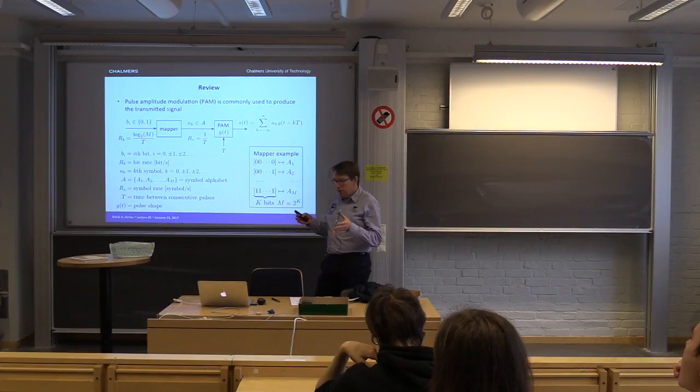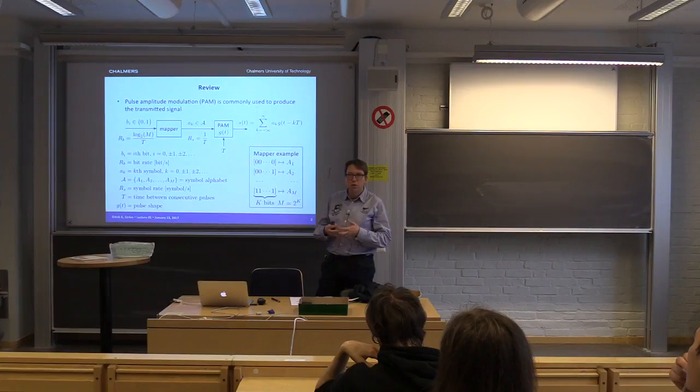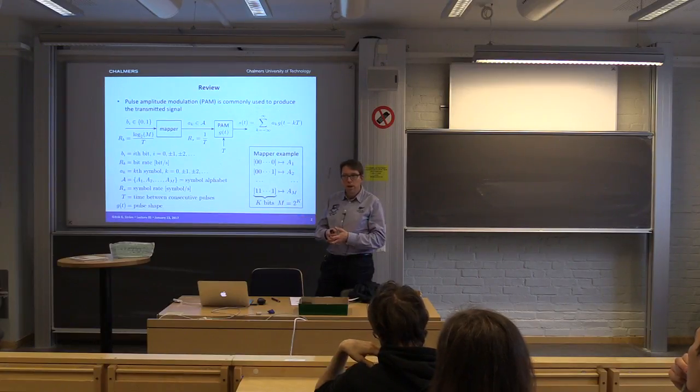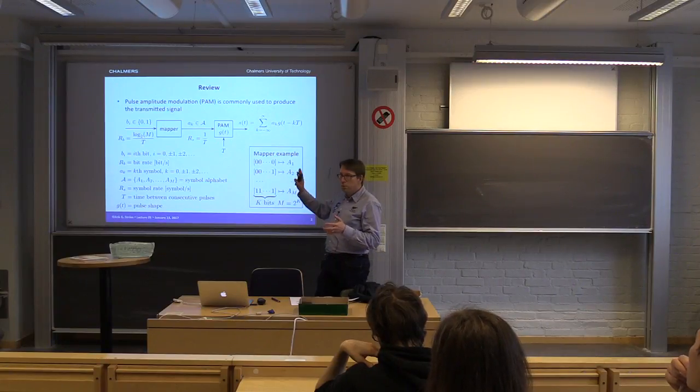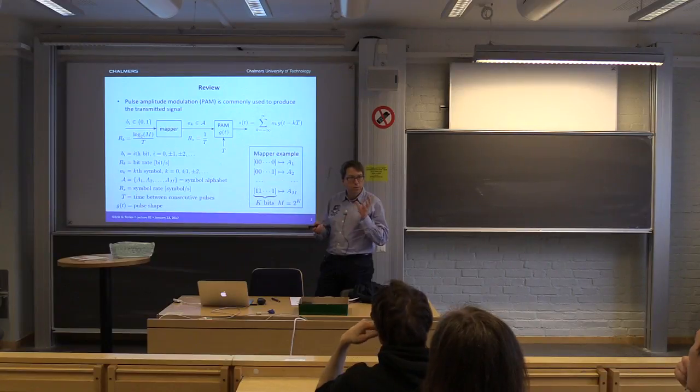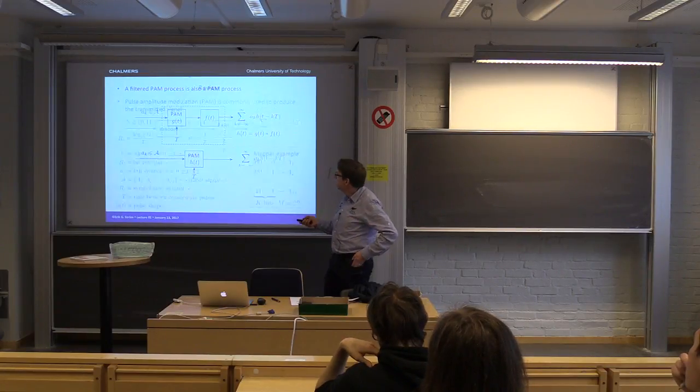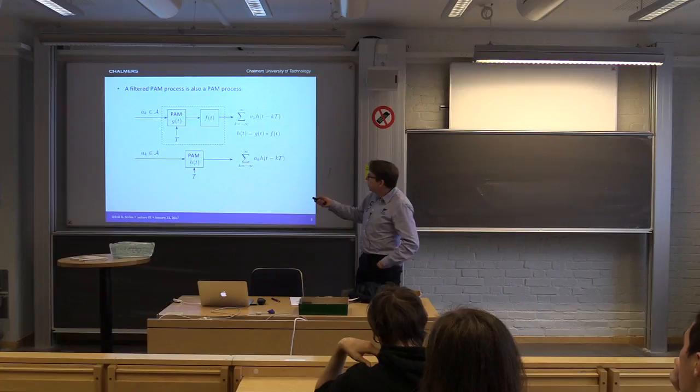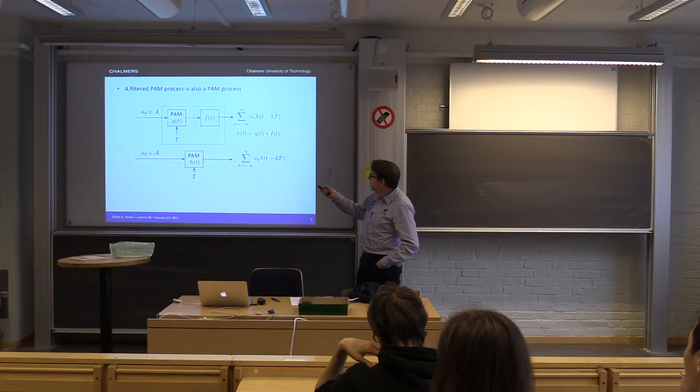And we said that what is a good choice of g depends on what we do at the receiver. And at the receiver, what we always do at the receiver, regardless if it's for PAM or something else, is that we introduce a receiver filter. That's the first thing that happens in the receiver. So if we have then a transmitter here that has a pulse amplitude modulated signal at this point, we can think of this as the beginning of the receiver.